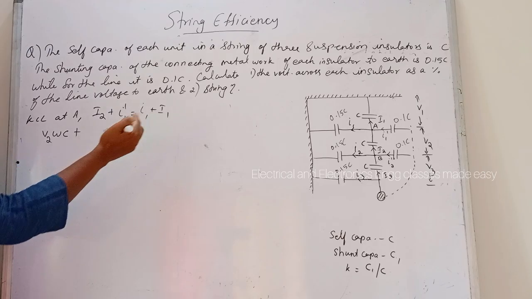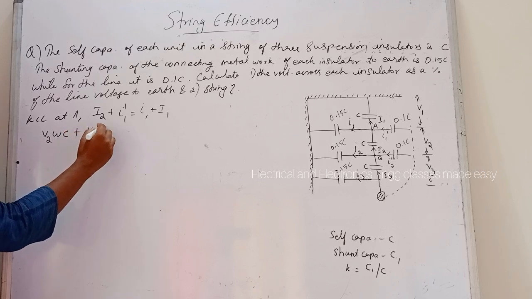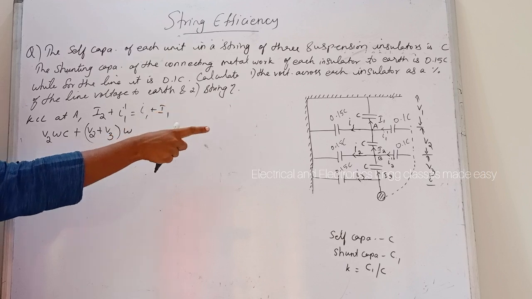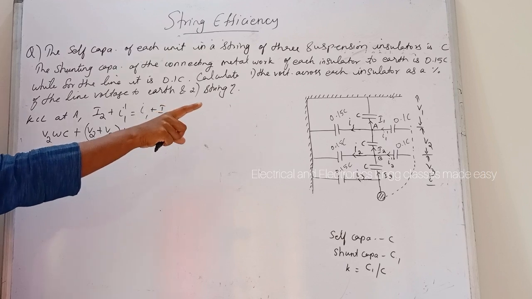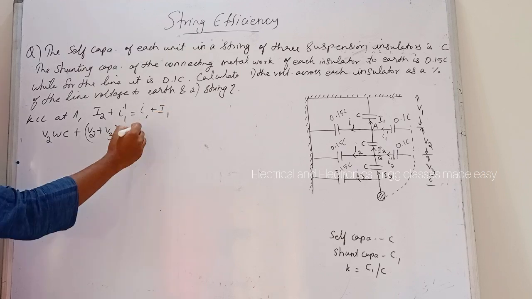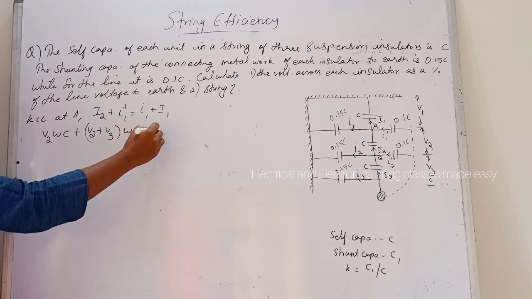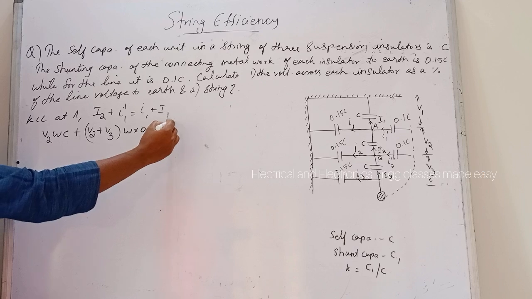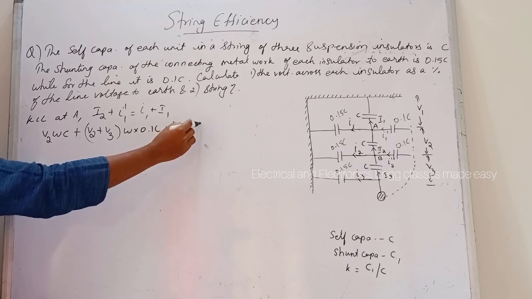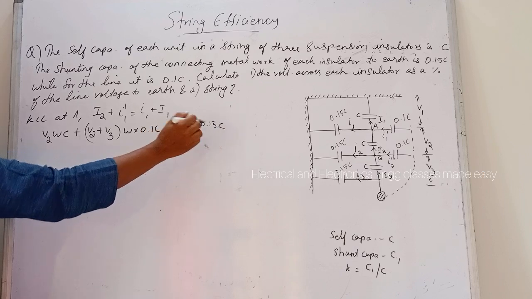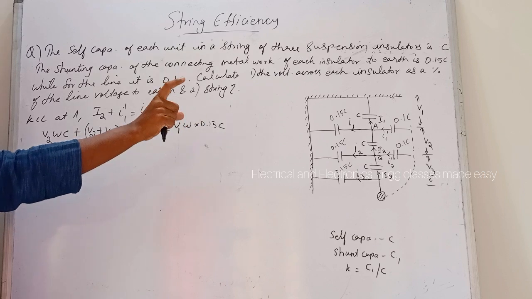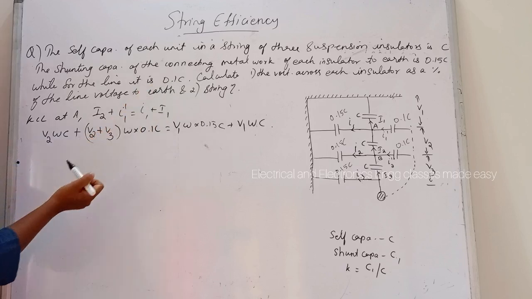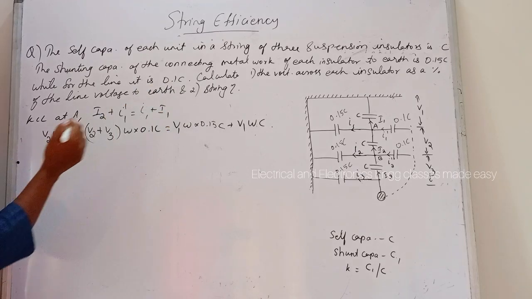So here i1 dash is equal to voltage V2 plus V3 into omega C into 0.1, that is omega into 0.1 C. What is small i1? i1 is V1 into omega into 0.15 C, then plus capital I1 is V1 into omega C. Here omega C we can cancel.